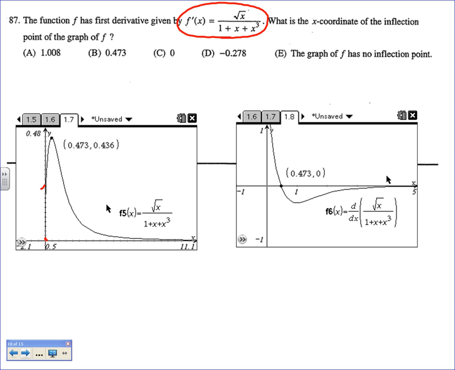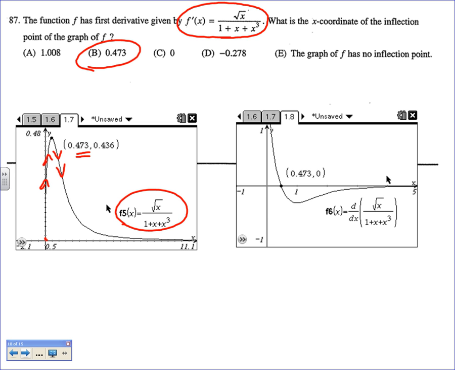Well, it goes from increase to decrease. Remember, this is the derivative graph. So if it goes from increase to decrease, think about the derivative of it. The derivative of it is the second derivative, and it'll change from positive to negative at this moment. So I can quickly identify that.